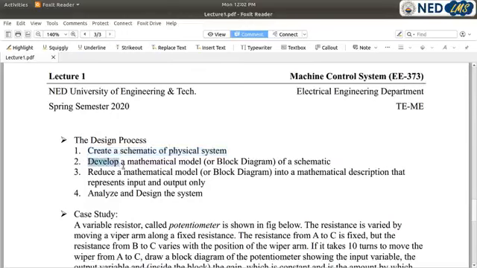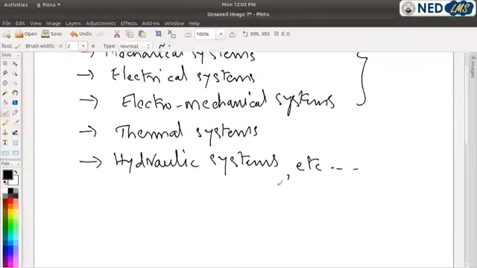The second step in the design process is to develop a mathematical model or block diagram of the schematic. The designer uses physical laws such as Kirchhoff's laws or Newton's laws for the mathematical model along with simplifying assumptions.